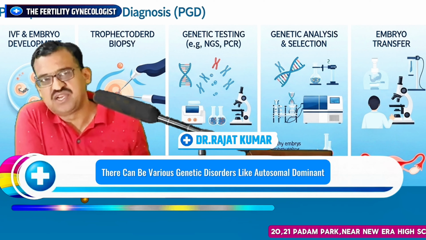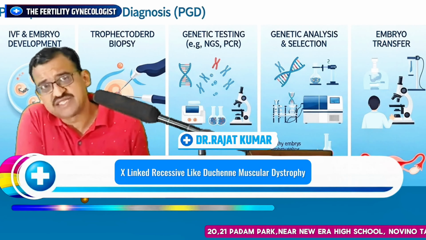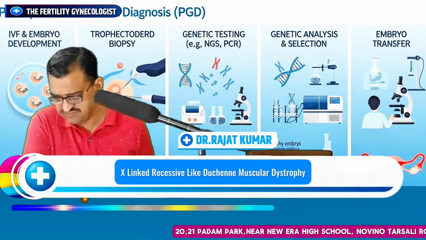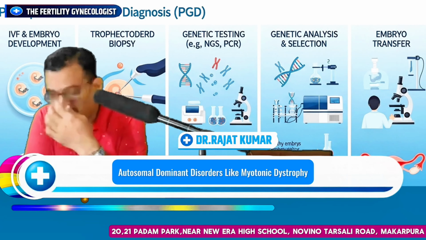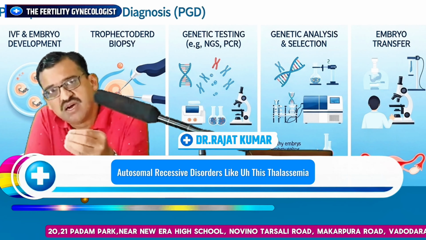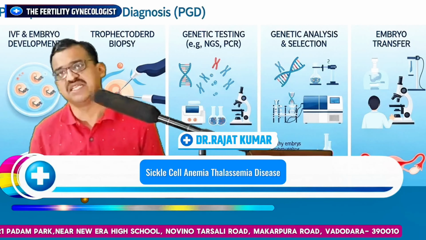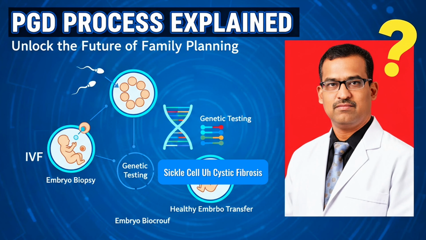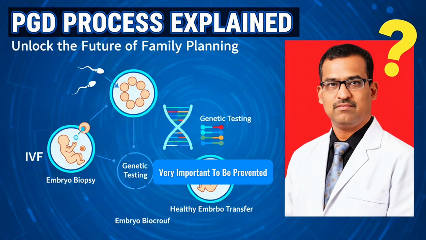There can be various genetic disorders like autosomal dominant, autosomal recessive, X-linked recessive like Duchenne muscular dystrophy, Fragile X syndrome, hemophilia A and B, autosomal dominant disorders like myotonic dystrophy, Huntington's disease, autosomal recessive disorders like thalassemia, sickle cell anemia, Tay-Sachs disease, cystic fibrosis. All these diseases can be diagnosed and they are very, very important to be prevented.